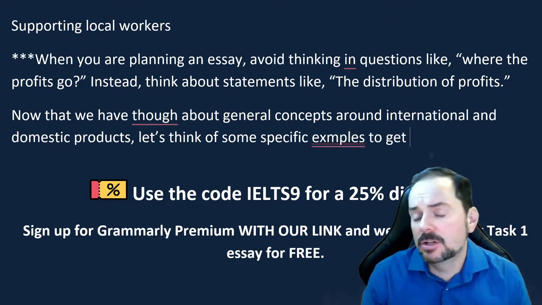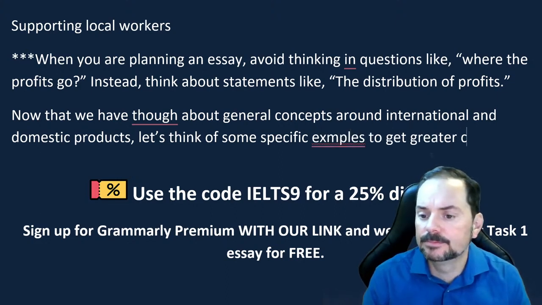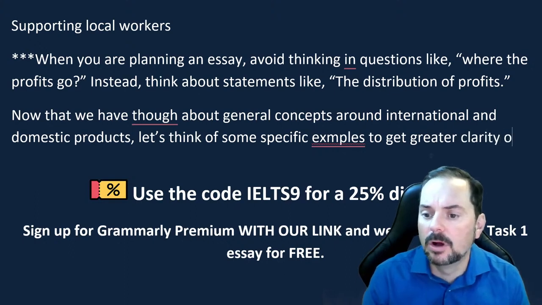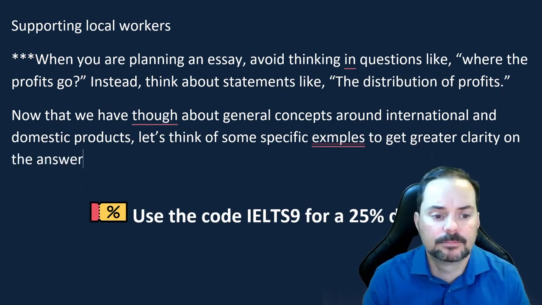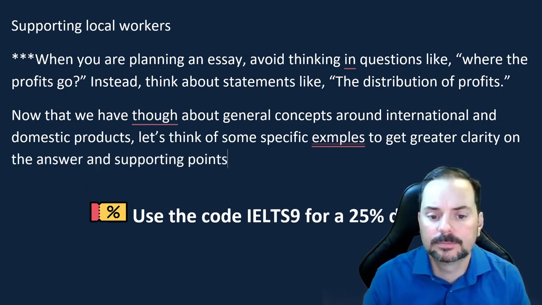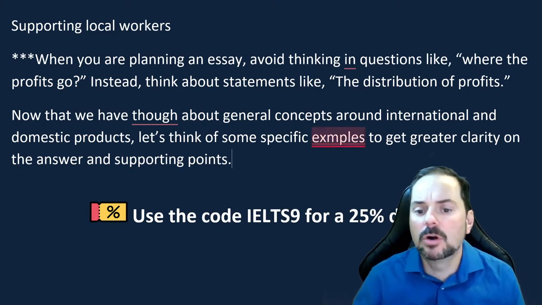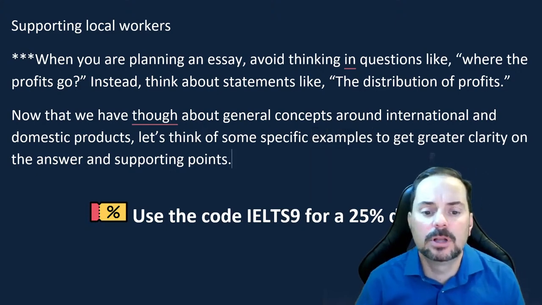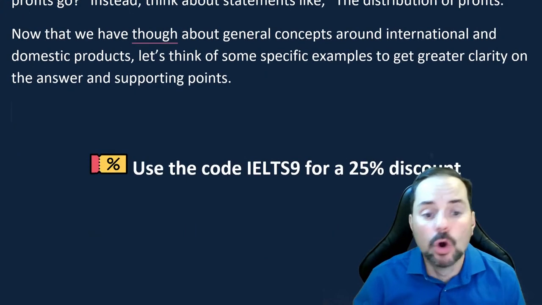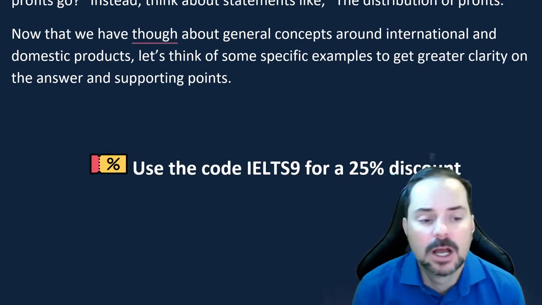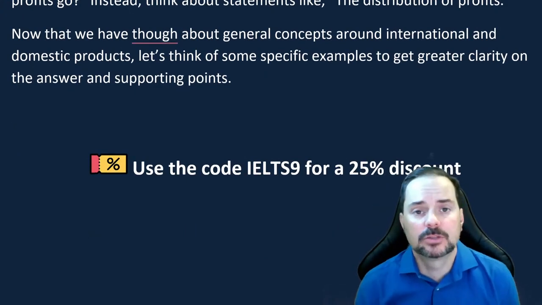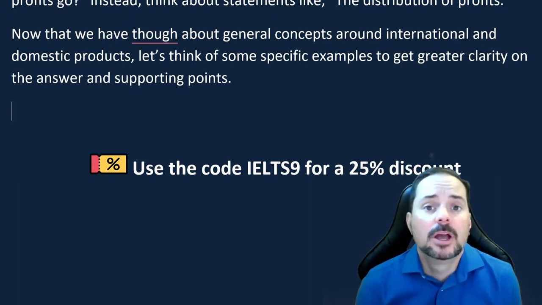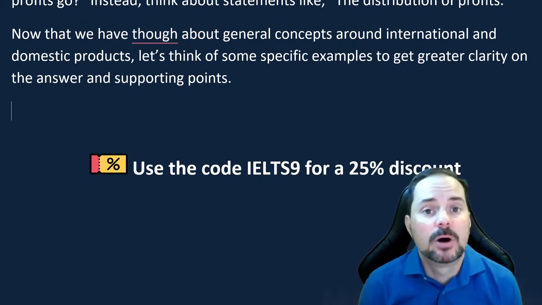To get greater clarity on our answer and supporting points. So what would be an example of buying a local product versus an international product? Give me an example of in your life where you have bought a product.